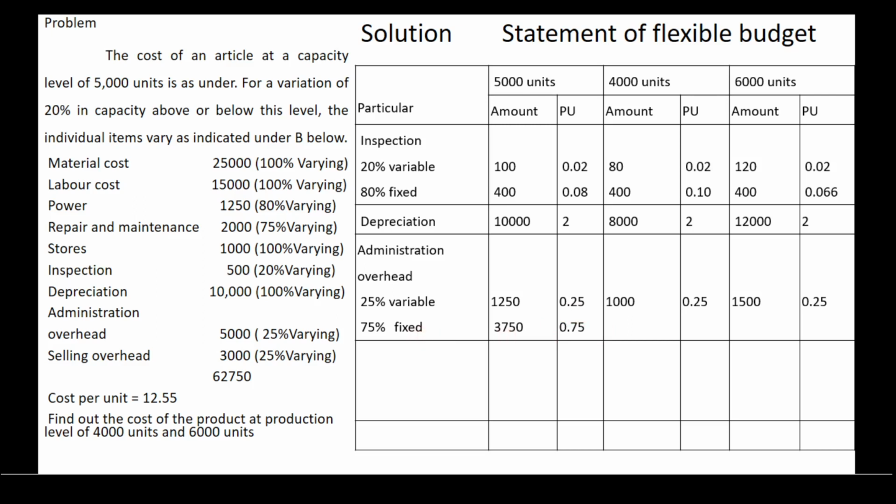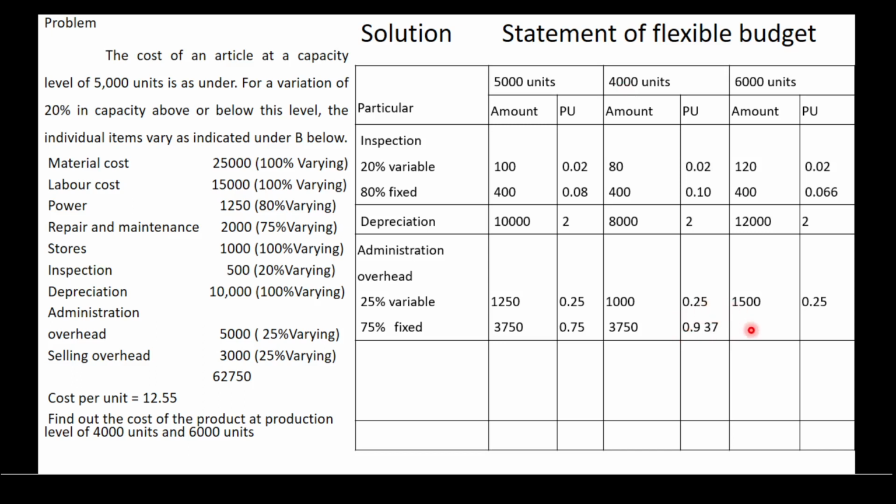The amount is the same in all capacity levels, but the cost per unit changes. So in the 4000 units, here the fixed amount is rupees 3750 rupees. So this is divided by the 4000 units. So now the cost per unit is 0.937.